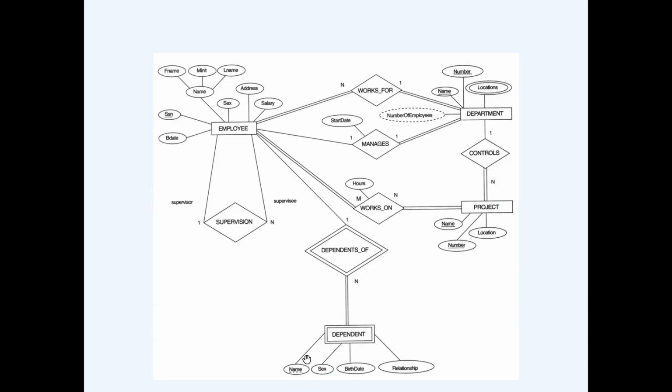When we transform, we will discuss the idea. Since this is a weak entity type, this is called the identifying relationship type, and you can notice that it is always a double line, which represents the dependency, the identifying relationship.